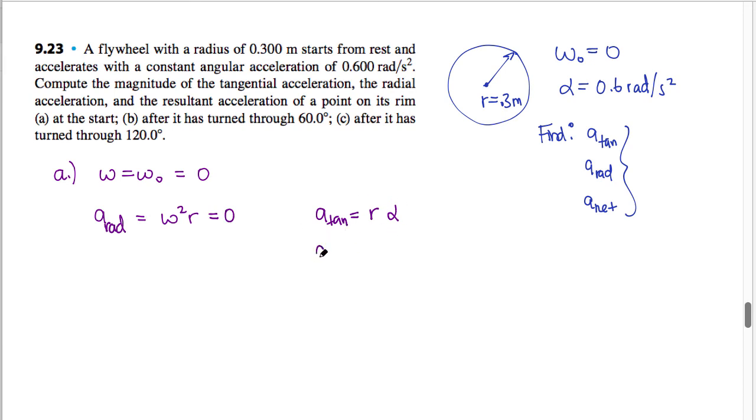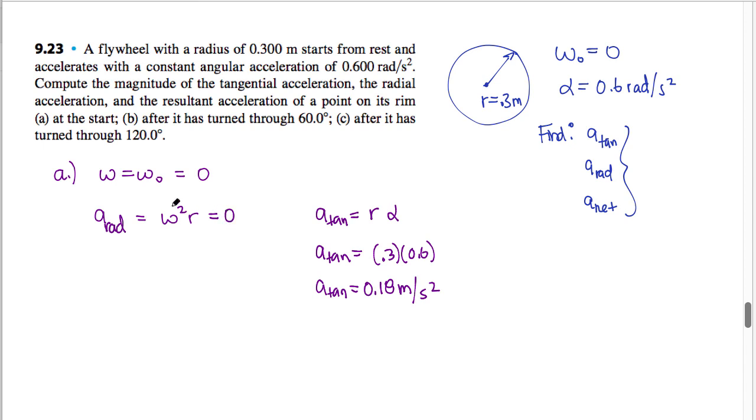The tangential acceleration, however, is going to be equal to 0.3 meters times 0.6 radians per second squared. So my tangential acceleration in this case is going to be 0.18 meters per second squared.